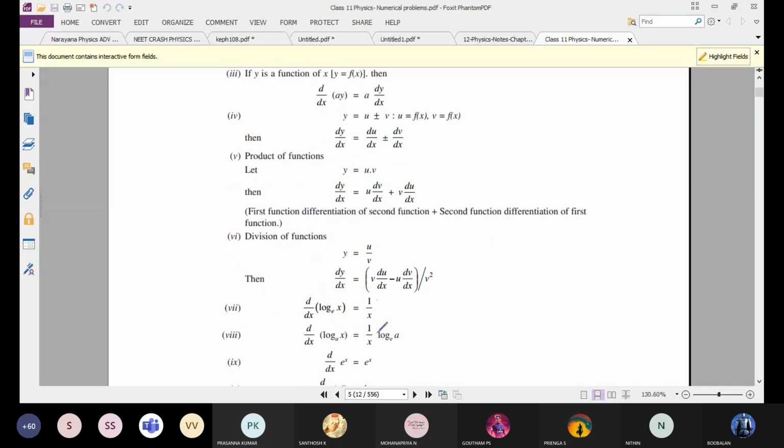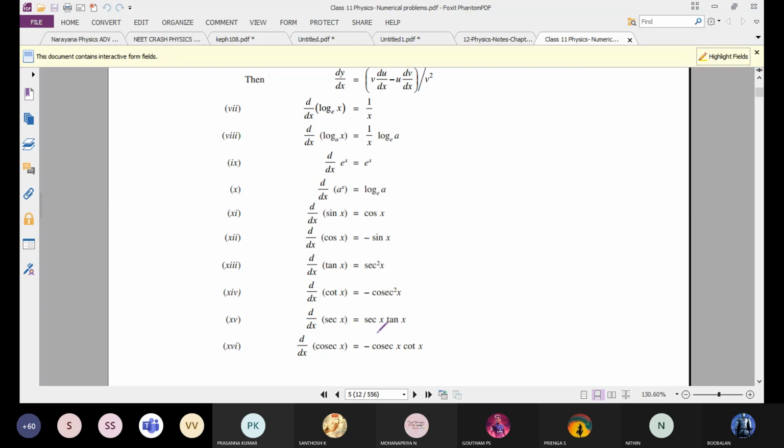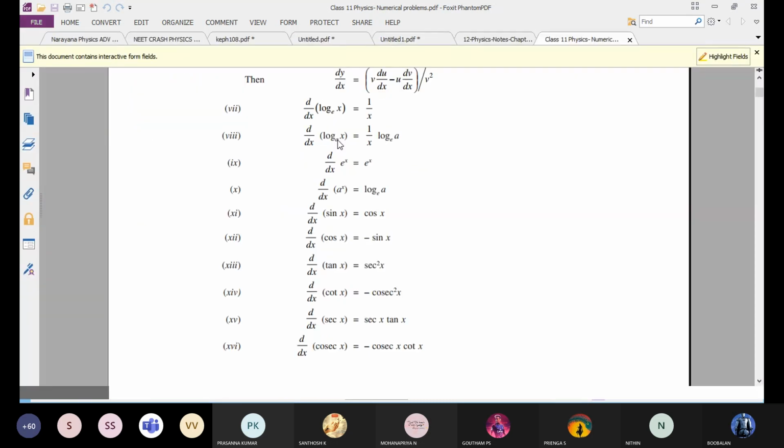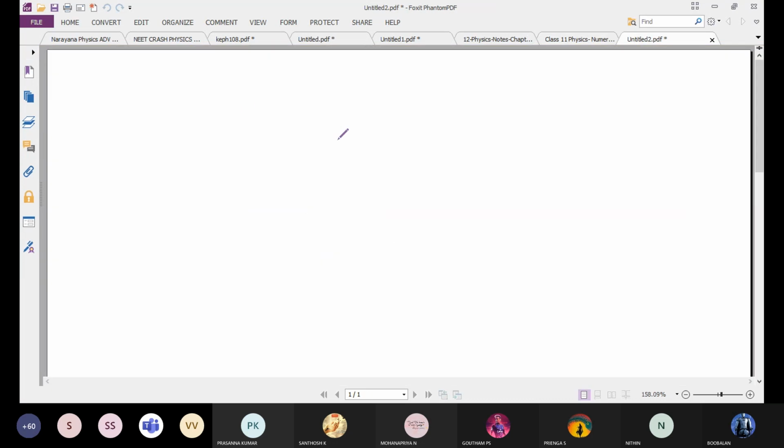Differential calculation also. So next one, average value of AC over one complete cycle.